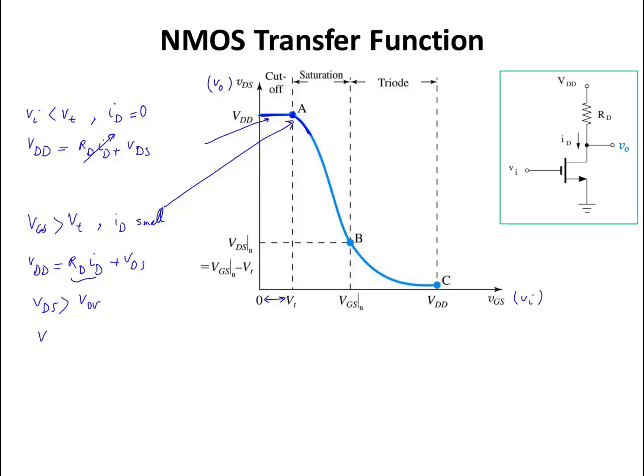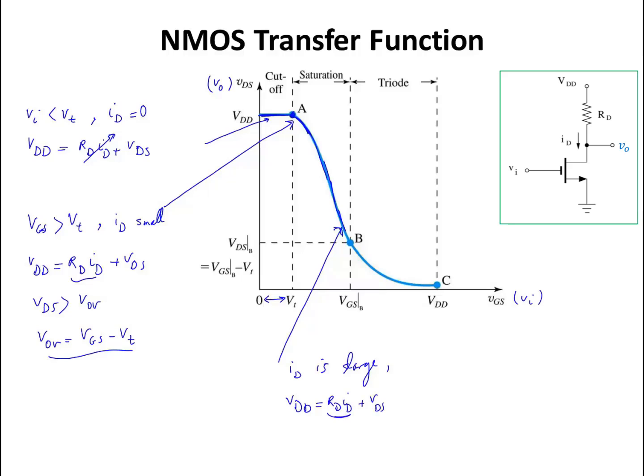Overdrive voltage is defined as VGS minus V threshold, which is a small number here because VGS is close to threshold voltage. Now I keep increasing the value of VGS, and I'm getting close to the point to the left of point B. At this point, ID is large because VGS is increased compared to point A. From there, VDD equals RD times ID plus VDS.